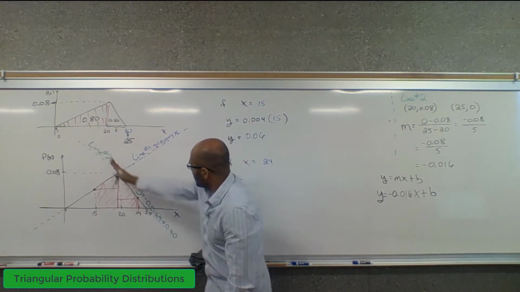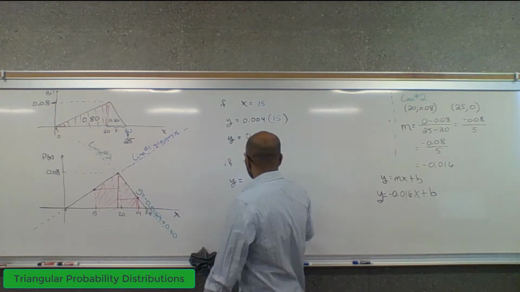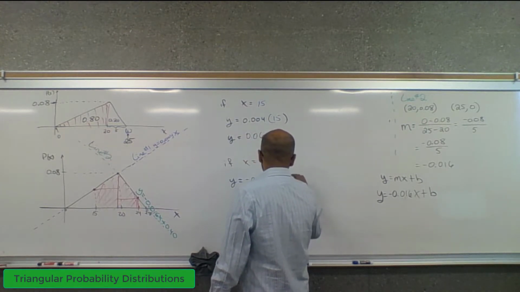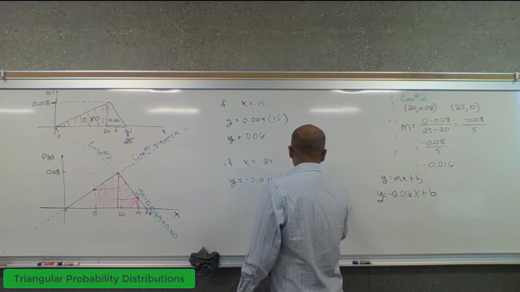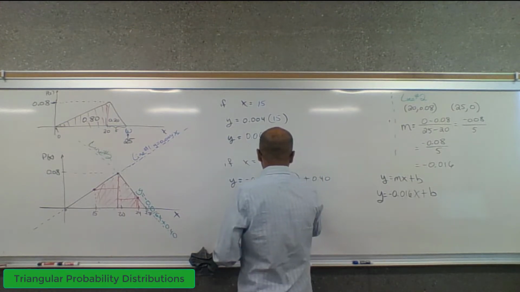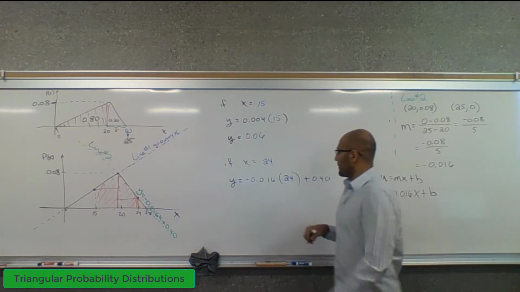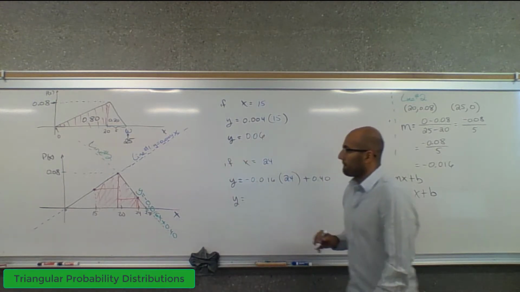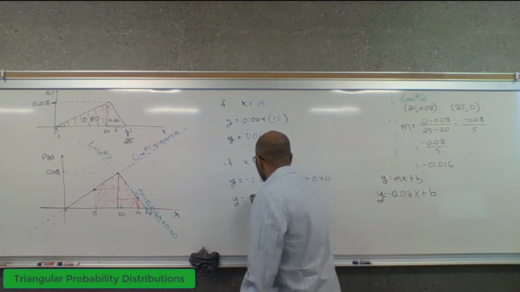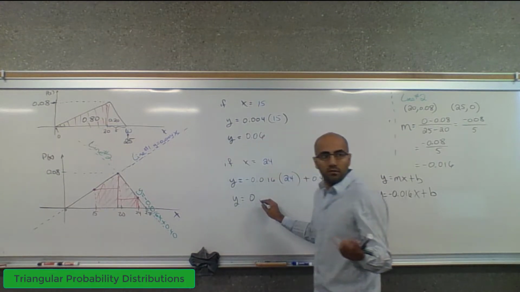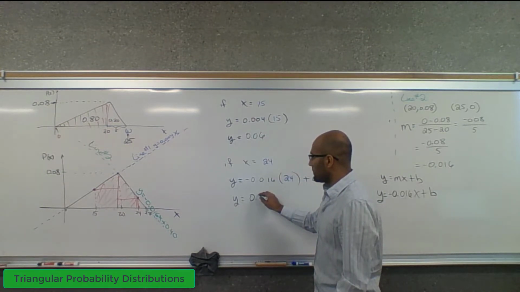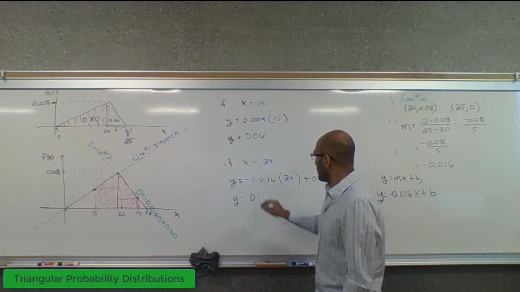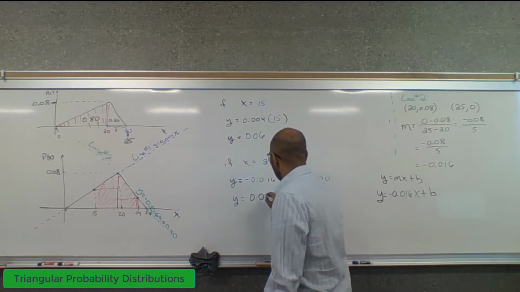And if x is equal to 24, then y is equal to, now we've got to use this equation to determine the point there. So this will be negative 0.016 times 24 plus 0.40. Here's the 24. And what do we get there? 0.016.